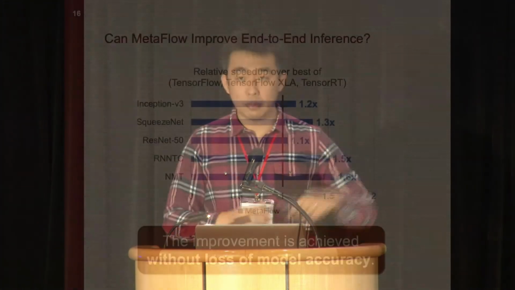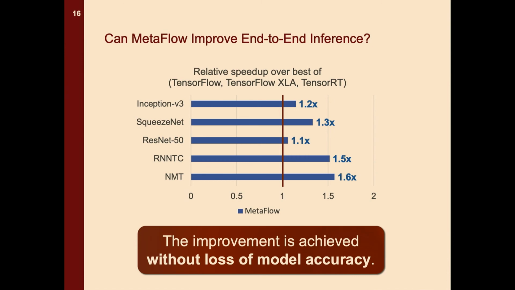Right. So actually, in the paper, we show numbers for both executions. We run the optimized graph on our runtime and also on other runtimes. We show all the numbers in the paper. But for this particular figure, the comparison is between the original graph in the best existing framework and the optimized graph in our MetaFlow framework.